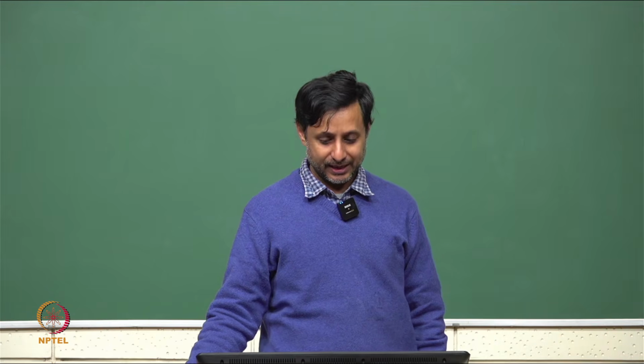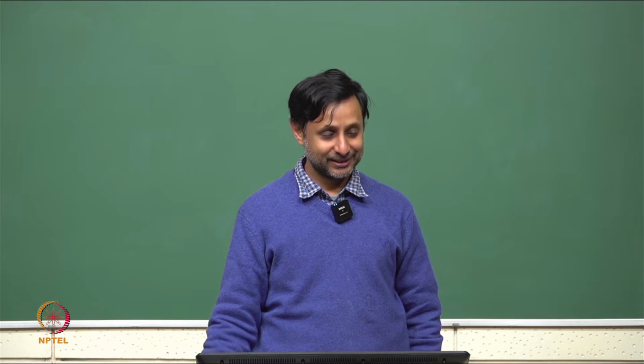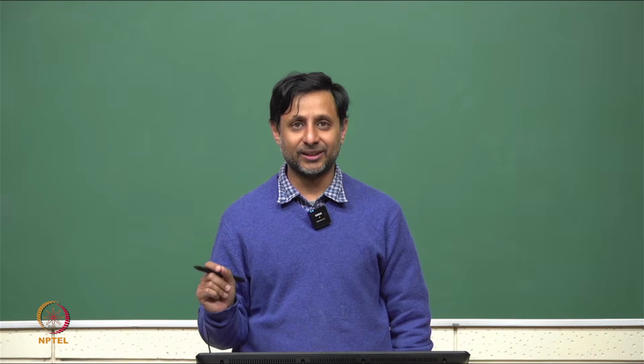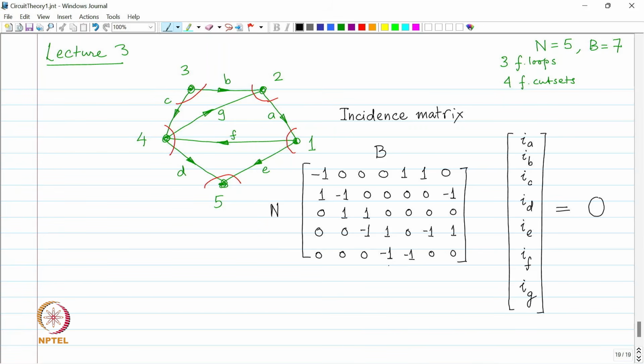Can you tell me? For example, if I add up all the rows, what do you get? 0. What do you observe in each of these columns? Each column has only one entry which is 1 and only one entry which is minus 1, and all the others are 0.